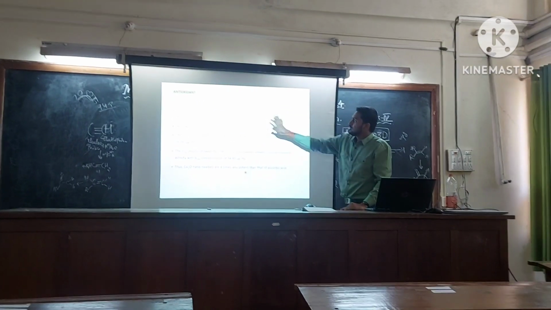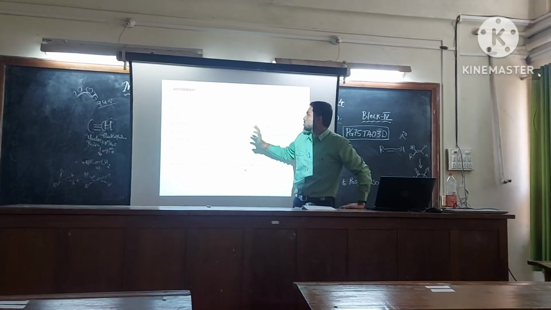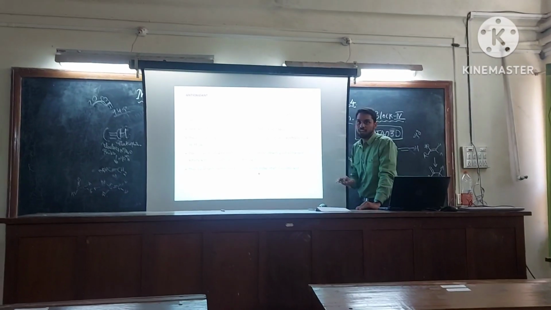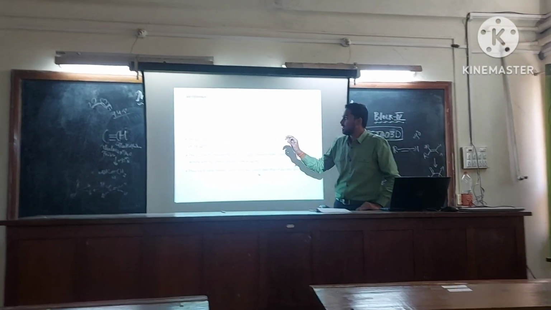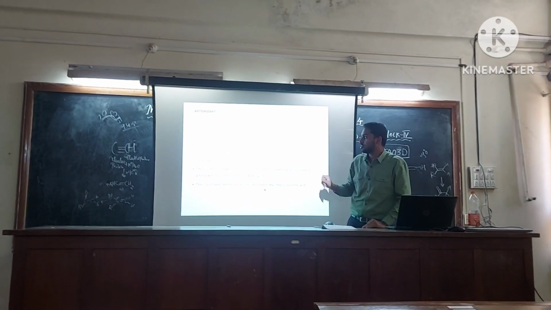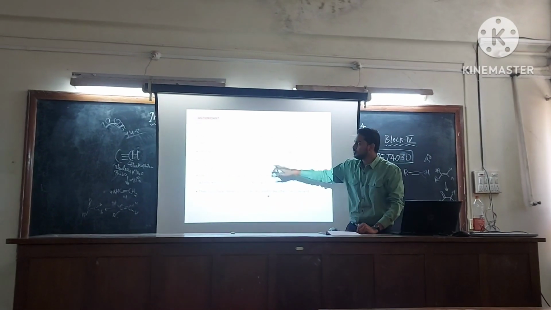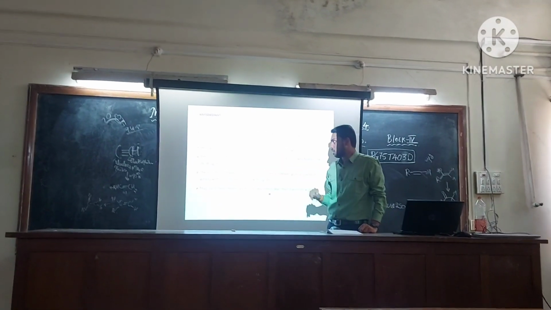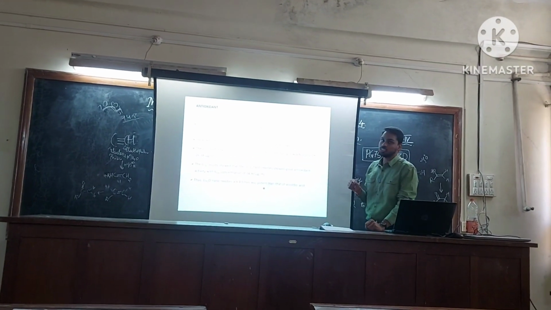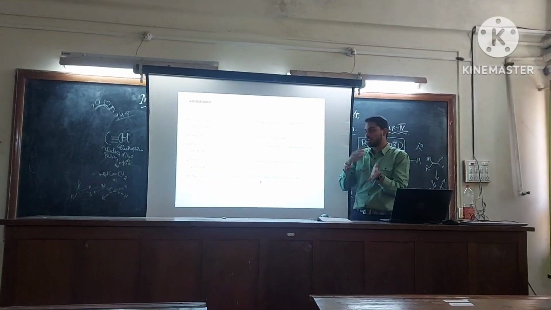So here we use the DPPH radical scavenging assay. DPPH means 2,2-diphenyl picryl hydrazyl radical scavenging. This is the compound that we are using. We use ascorbic acid as the standard because we need a reference point for comparison.